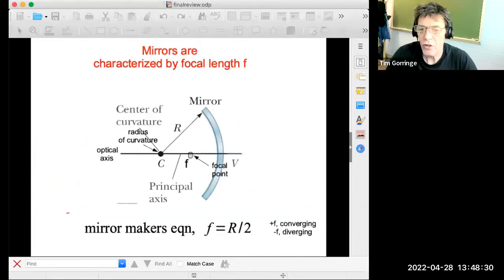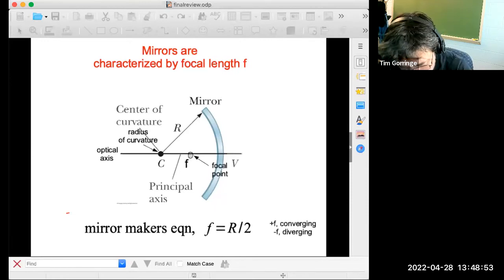Okay, so we took our laws of reflection and refraction and applied them to mirrors in forming images and to lenses in forming images. And so the next few slides are just quick summaries of mirrors in forming images and lenses in forming images.